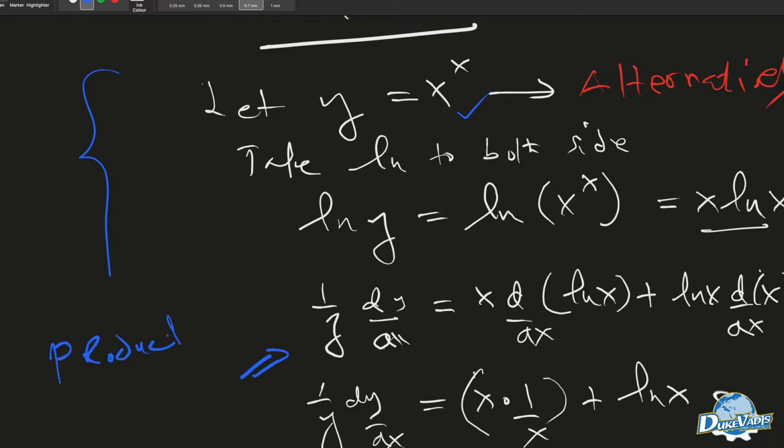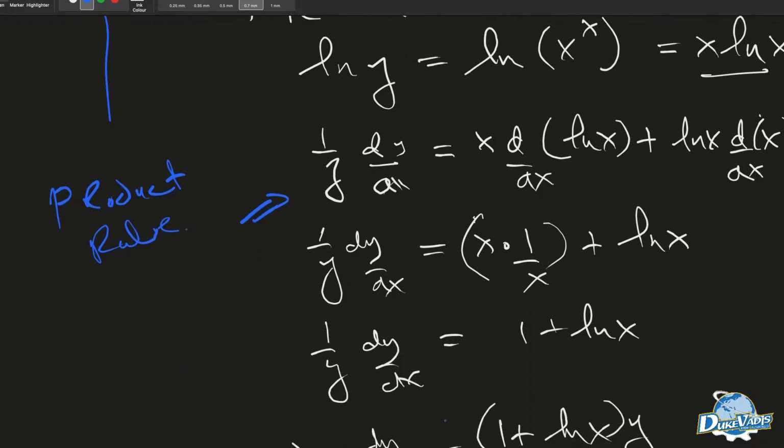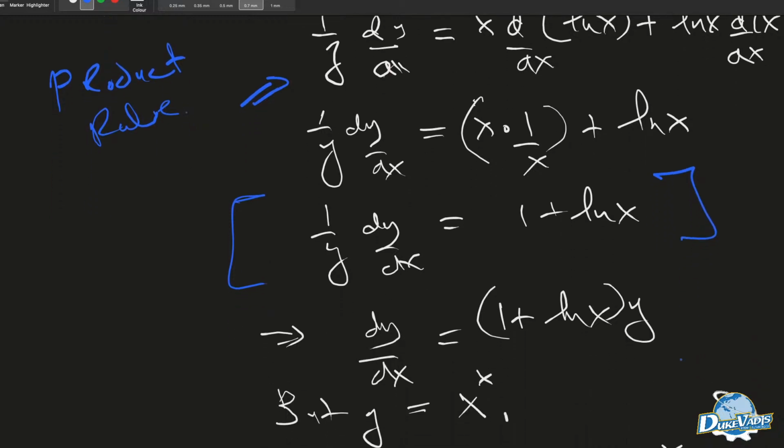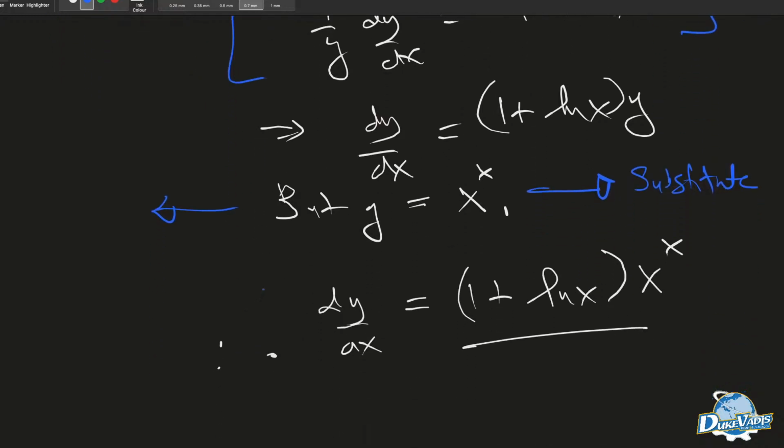Then we go to this point and eventually down to this. Then we multiply both sides by y, so we have dy/dx is equal to 1 plus natural log of x, times y. But initially, y was given to us, so all we do is just substitute. So substitution, eventually, this will be our final answer.